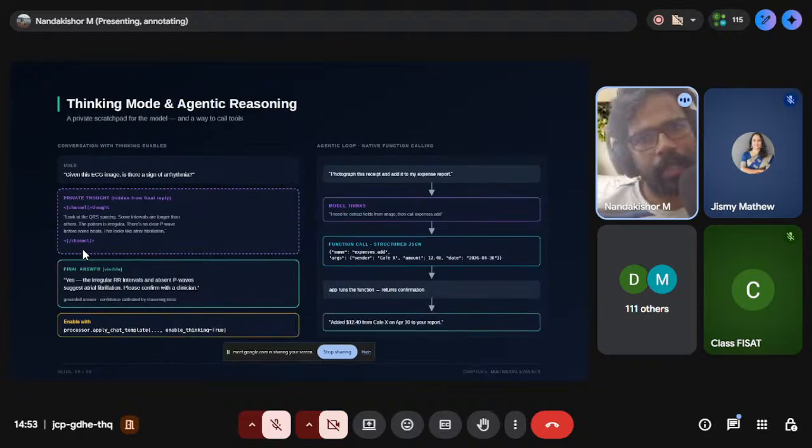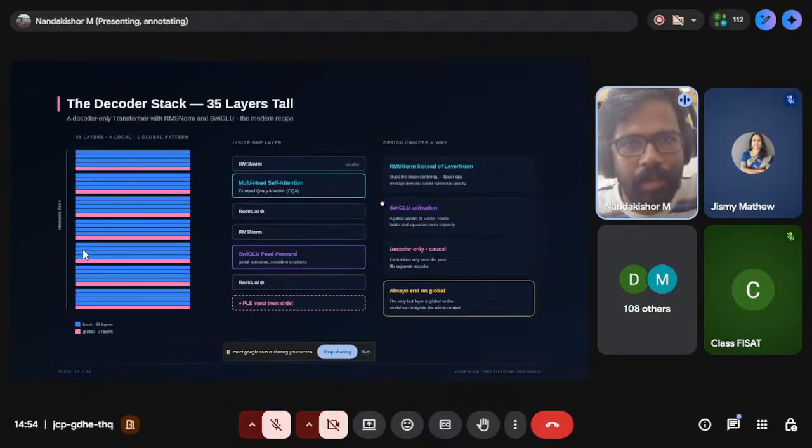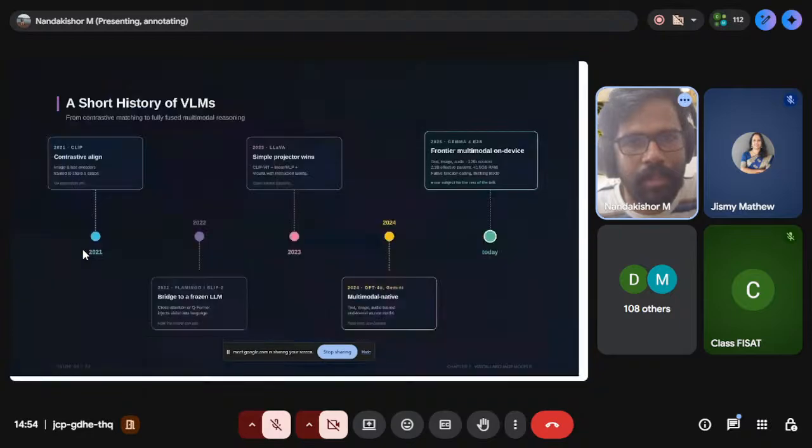I think we can discuss from here the vision encoder, the eyes of the model, which will be much easier for you to understand. The first part is obviously the standard Gemma 3 architecture. If you want to know more about this part, I can share the PDF.